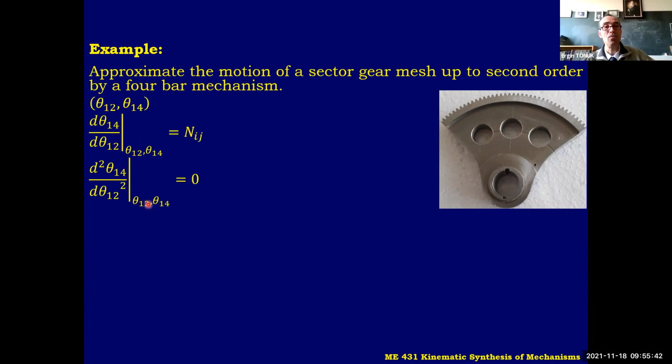And actually, you approximate the gear at this design point. Actually, it's not approximate. In the infinitesimal neighborhood, the 4-bar and the gear will be behaving the same way. That is, it's going to have a constant speed ratio, and rate of change is 0.